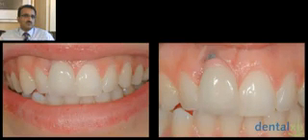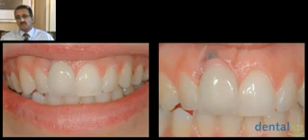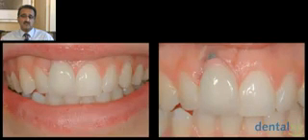Because what we don't want to achieve is a result like this. And this is a sad case because it's a young patient that came to my practice several years ago, 22 years old, and has a high lip line and had only recently, I think something like a year previous to this picture, had an implant to replace a maxillary incisor. And I'm sure that the dentist that treated her didn't intend for this to be the outcome of the treatment.